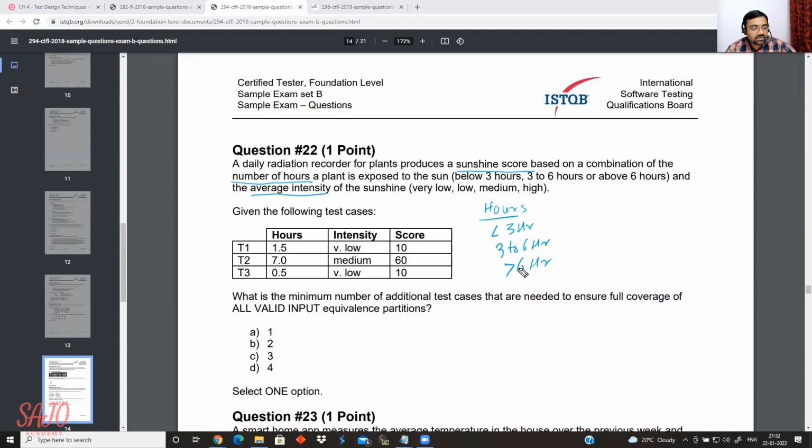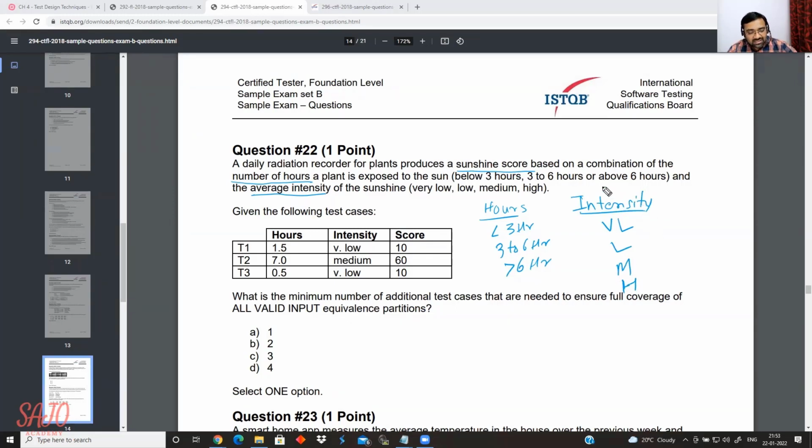There are three partitions. Now, another condition is the intensity. For the intensity, how many partitions are there? Four. Very low, low, medium, and high. So these are four partitions.